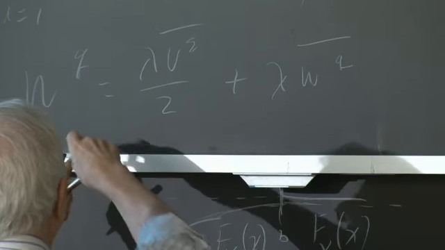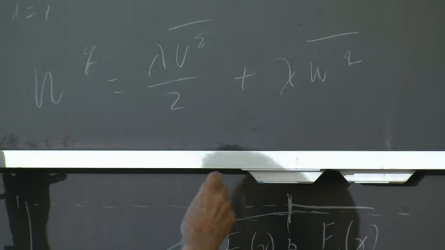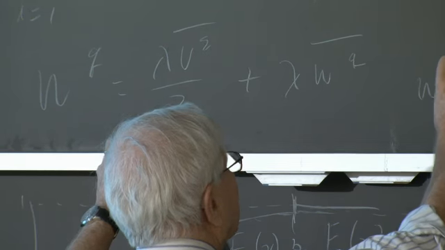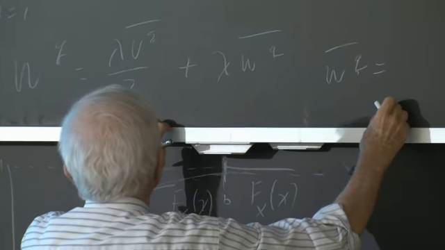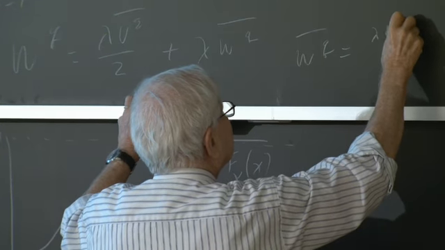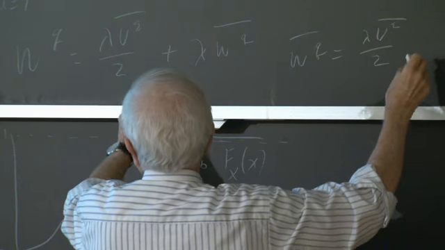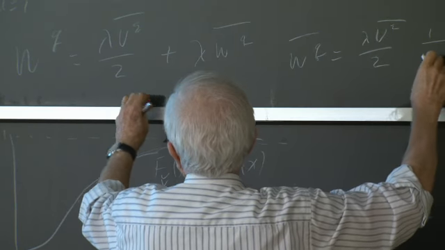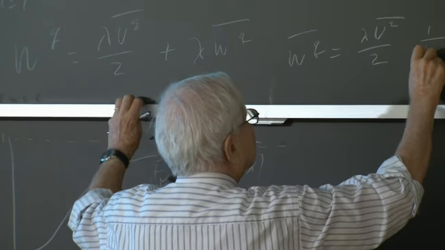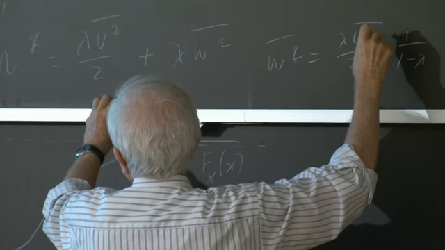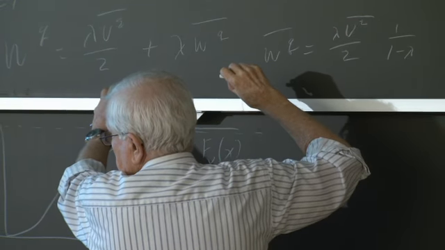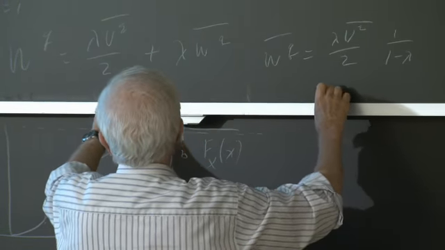So we take this over to this side, and then we get W_q bar equals lambda v squared over 2 times 1 over 1 minus lambda v bar.